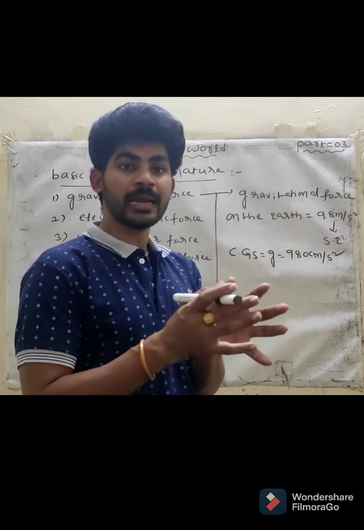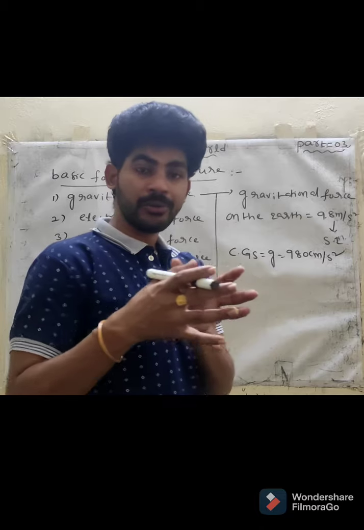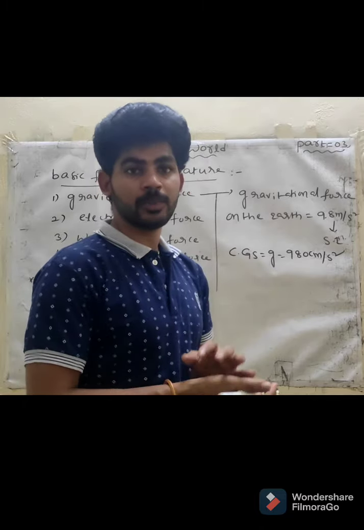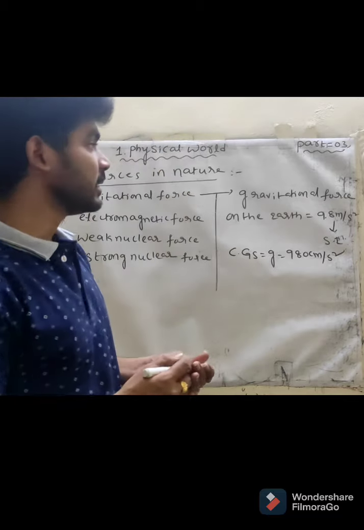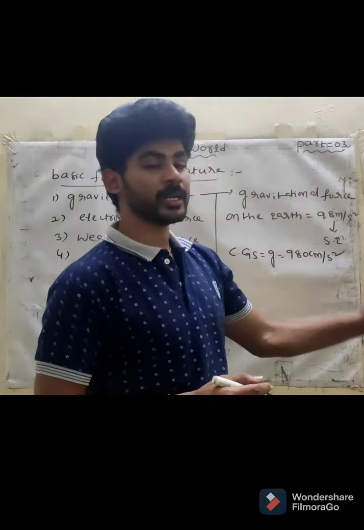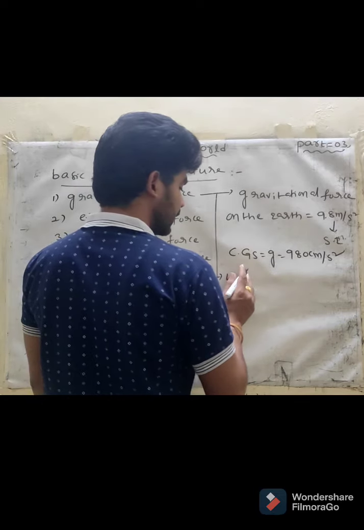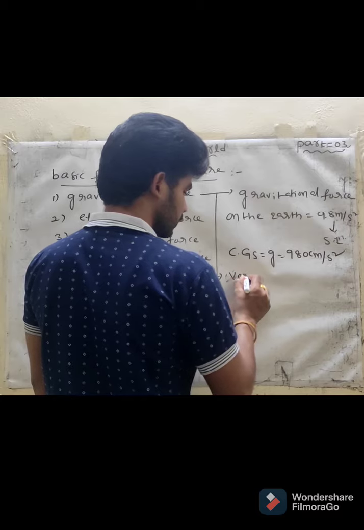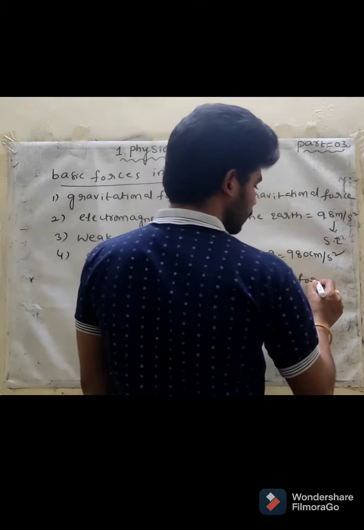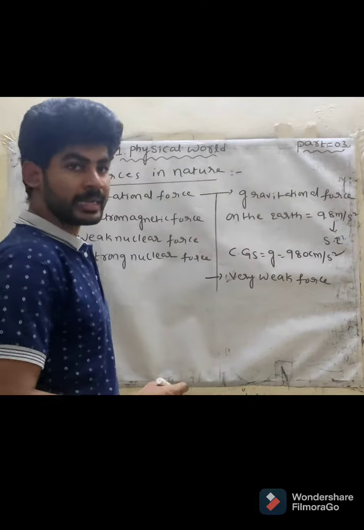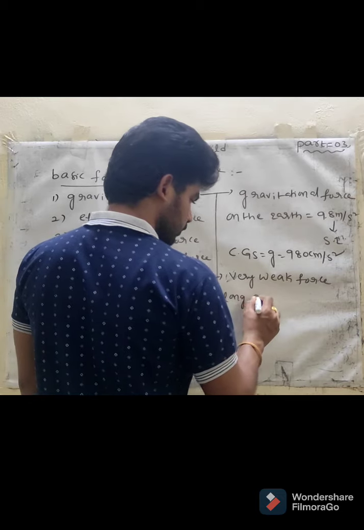Different planets have different gravitational values and different radii. Gravitational force is 9.8 meter per second square, but gravitational force is a very weak force, and it is a long range force.